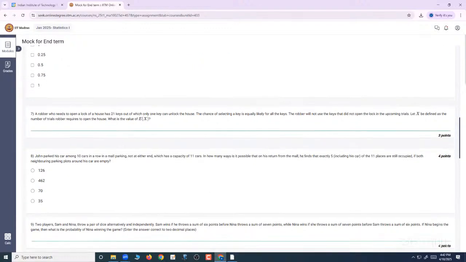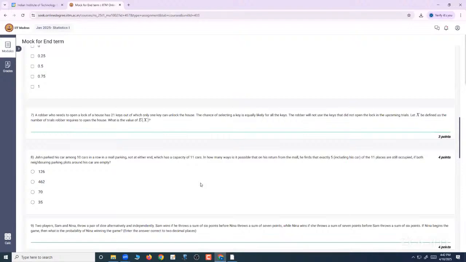At the same time, if we think of this question from the uniform distribution, expectation of x is equal to A plus B divided by 2. So the probability is distributed between the 1 and 21, since they are equal. Uniform distribution you are taking? Yeah, if we think from that perspective. The probability of getting each key success is distributed between 1 to 21.